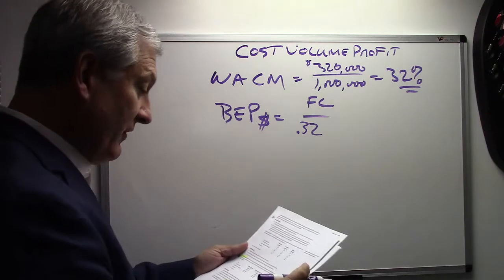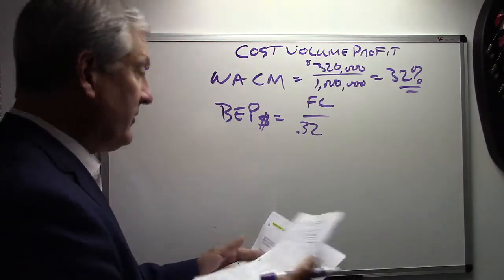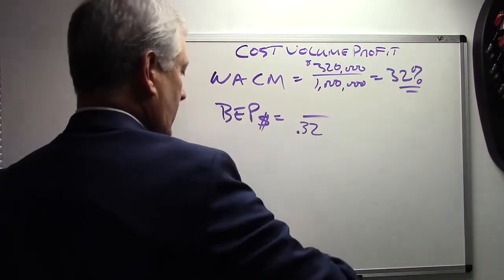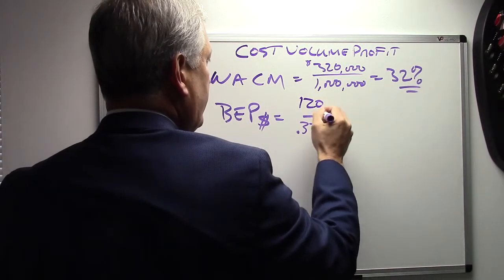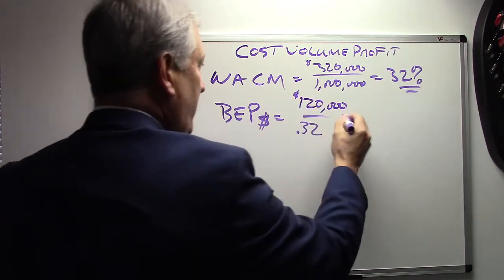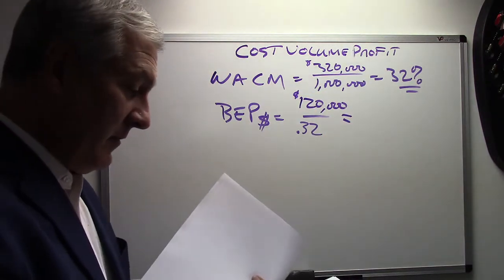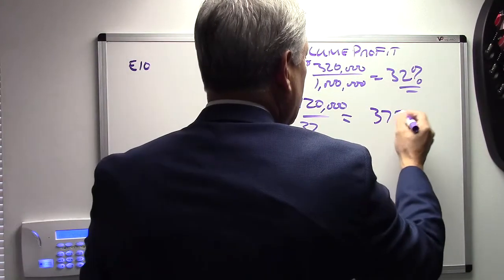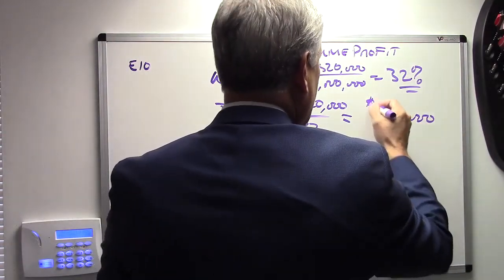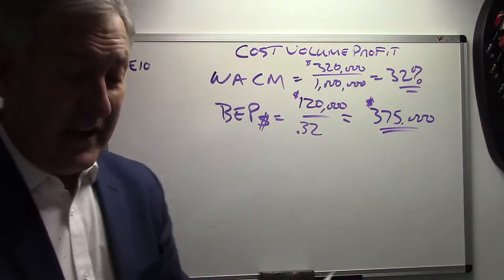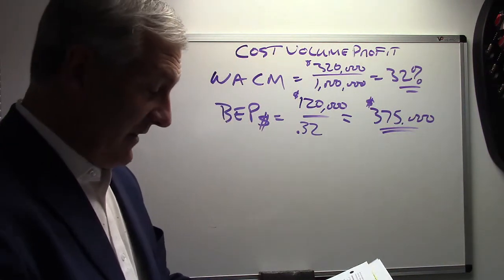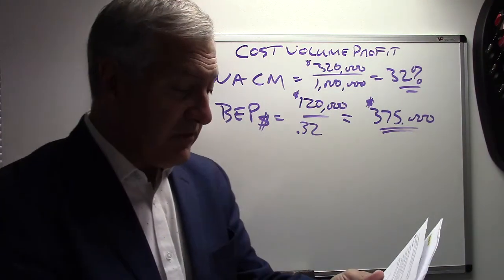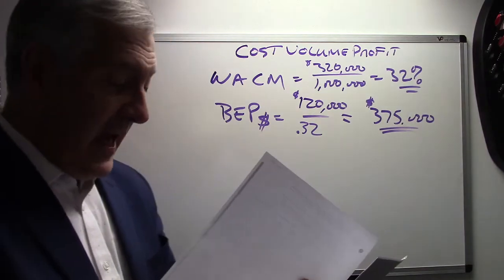So we have total fixed cost of $120,000 divided by 0.32. The break-even point in sales dollars is $375,000. So combined sales of $375,000.